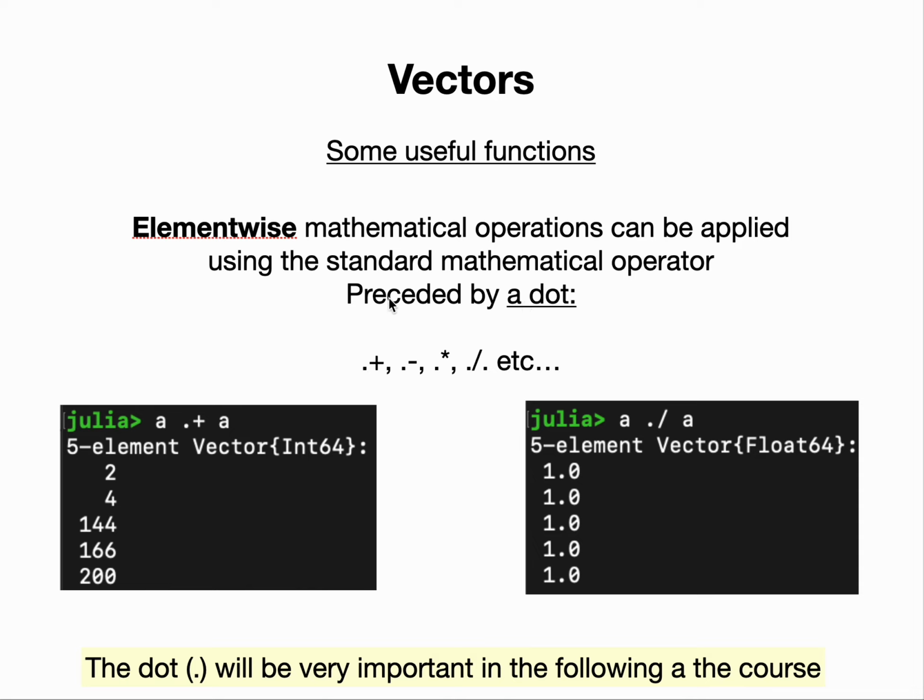So an example of an element-wise operator would be the sum of 2 vectors. So if you want to add A and A, you can use the plus sign with a point in front. And if you want to divide all the entries of vector A by all the entries of vector A, you can use the division preceded by a point. Of course, if you divide A by A, all the entries will be equal to 1.